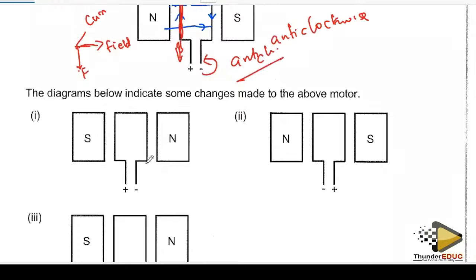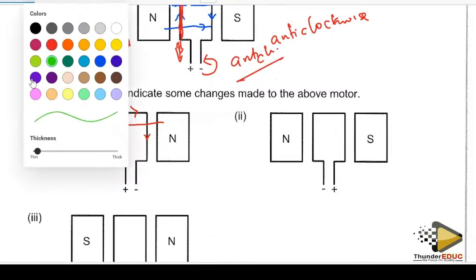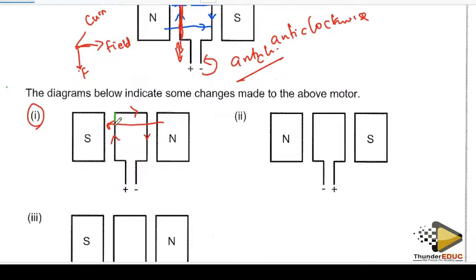Let's see from diagram number 1. Current is moving in the same direction, but what is being changed is the polarity of the magnets, so now the field will be moving in that sort of direction. I will still just look at this side alone.